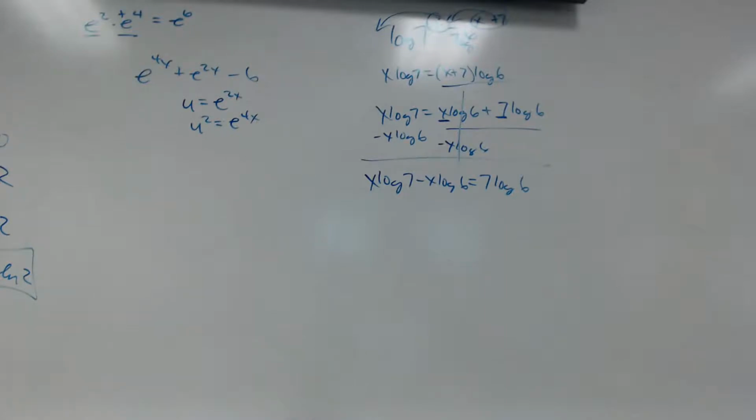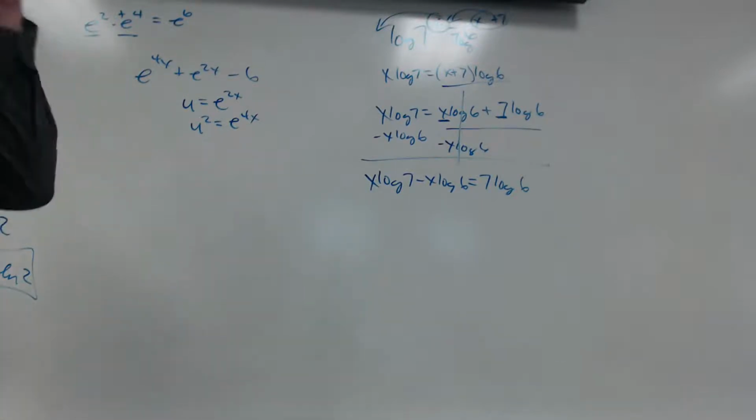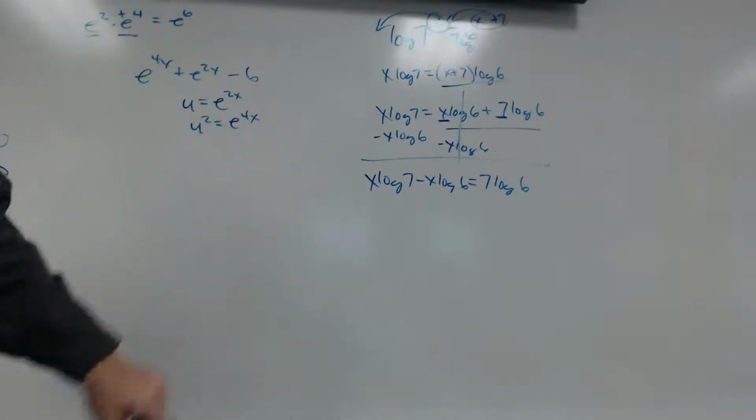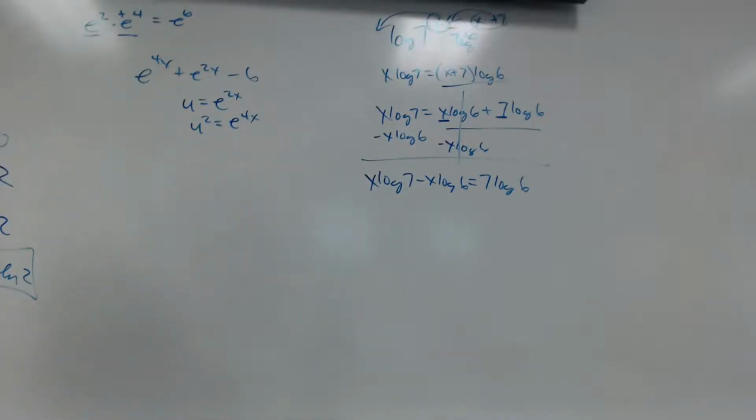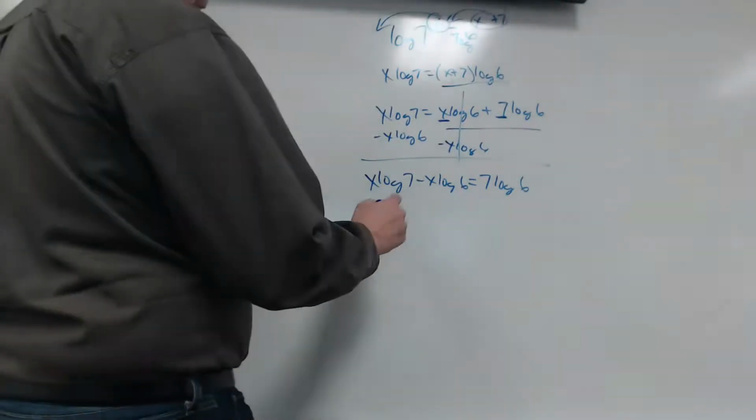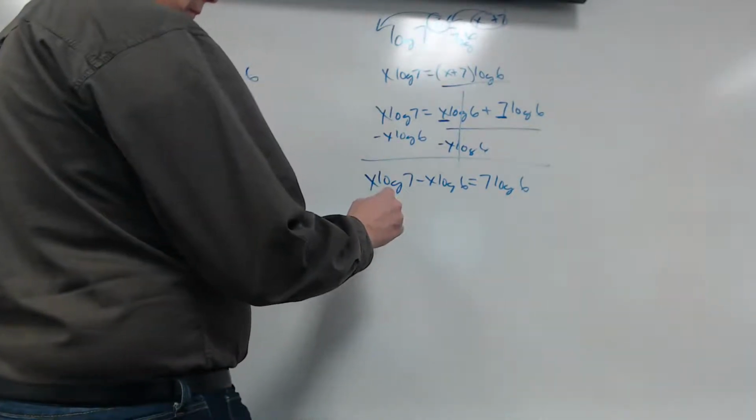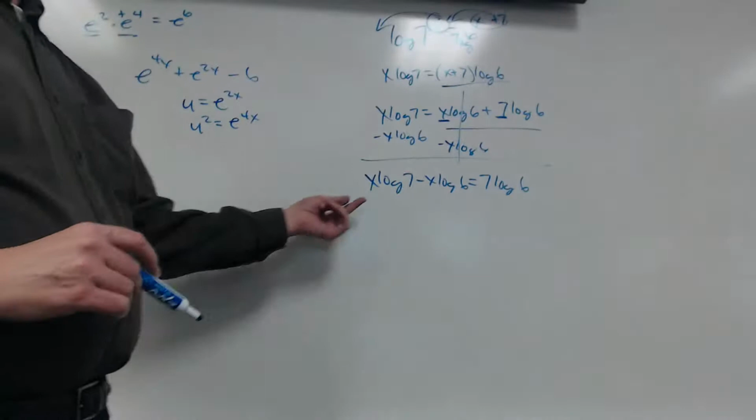What would you do next? I don't know. Would you divide? So like with the x log 7 minus x log 6, would you combine those? Combine them how? So it would be x log 7 divided by x log 6. No, you can't combine them because the x's are in the way.